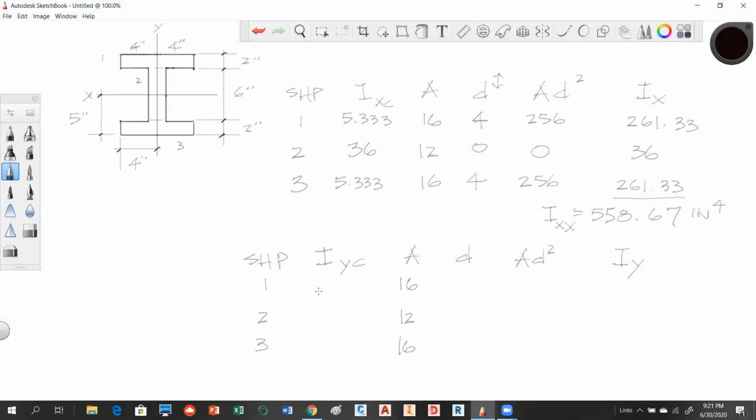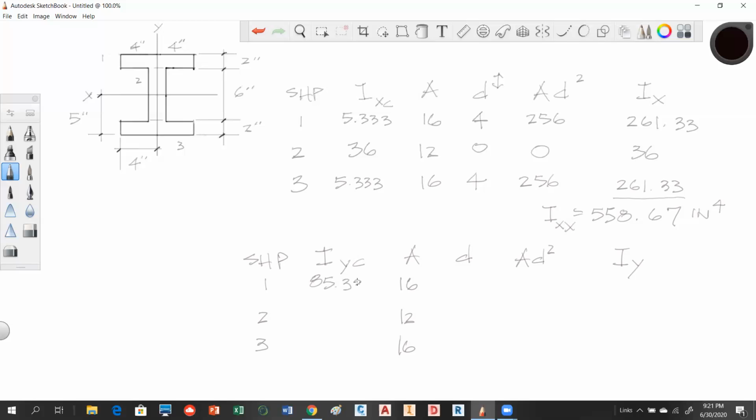Okay, so now what's happening, you're really looking at things in this direction. So for shape 1, this becomes the base, this becomes the height. So we're going to notice this is a lot stiffer. So the base is 2 times 8 cubed divided by 12. And what that gives us is 85.33.